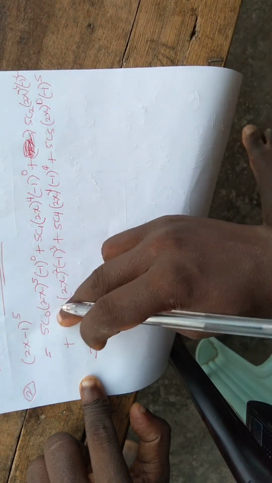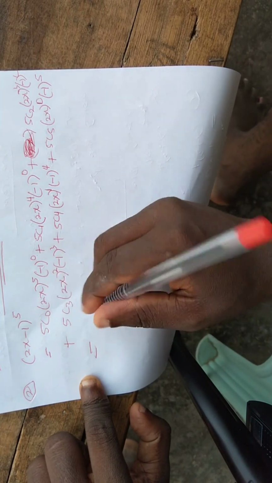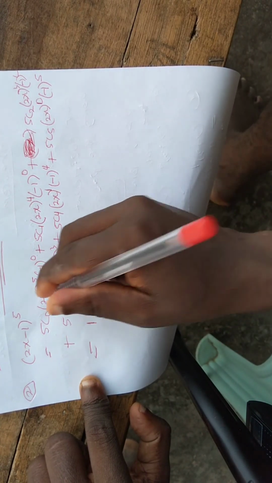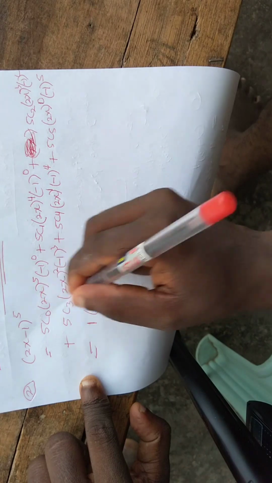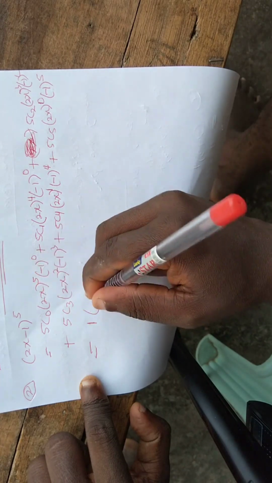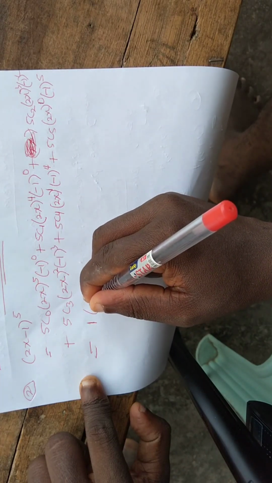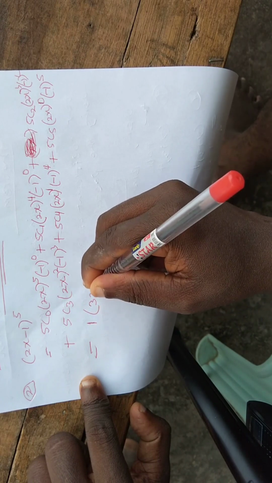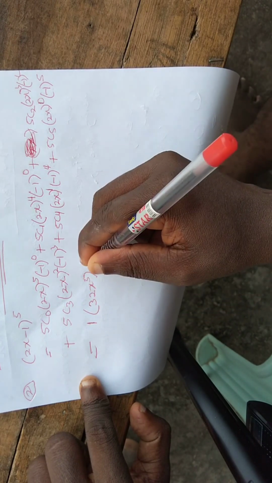So if you work out 5 combination 0, it will give 1. Then 2x raised to power 5 will give you 32x raised to power 5.